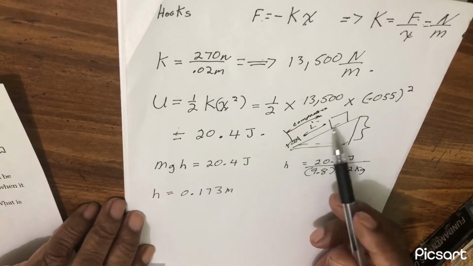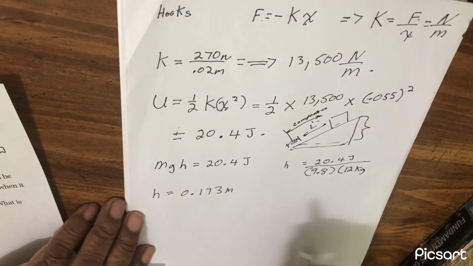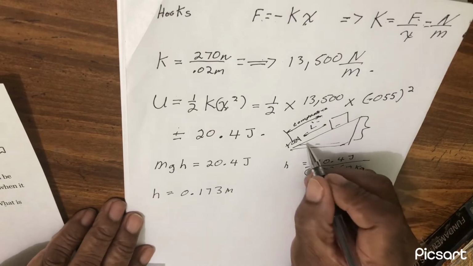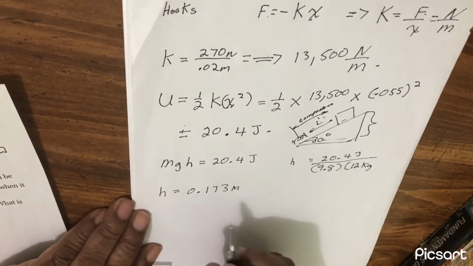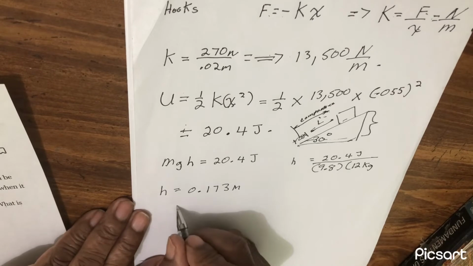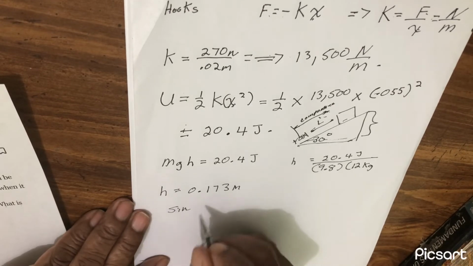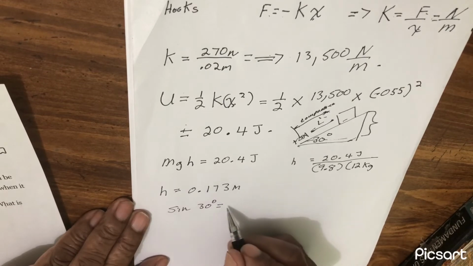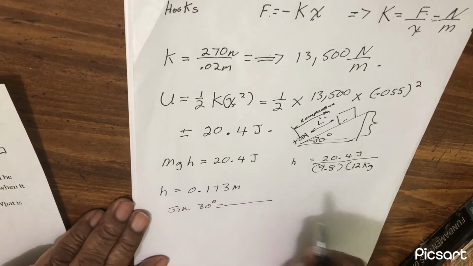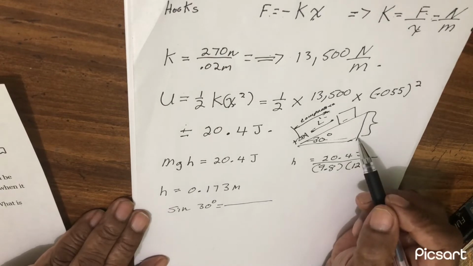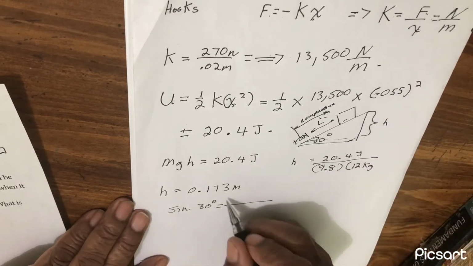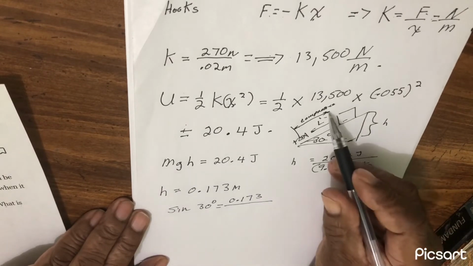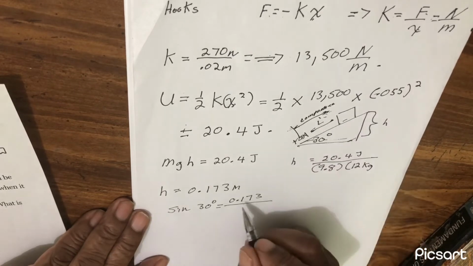All right, now we want to find L. This would be the L compressed. So let's say the sine of 30 degrees is equal to this side, which is h, 0.173, over this compressed L that we're looking for.